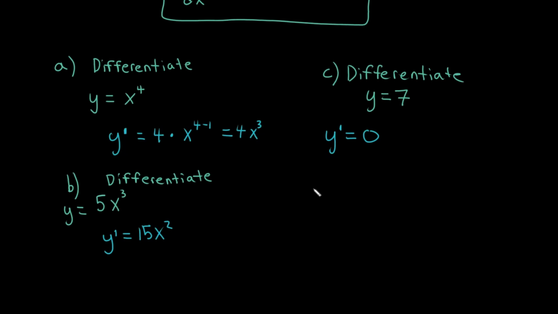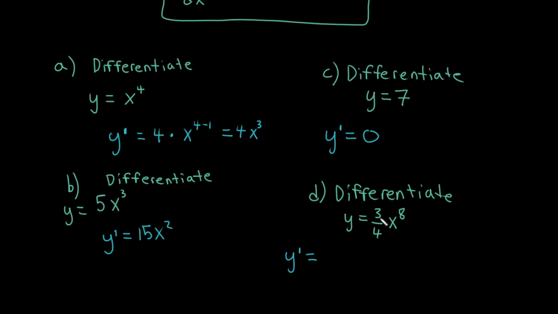Okay, let's do another example. So this time, let's differentiate y equals 3 over 4 x to the 8. So this is pretty similar to the ones we've done. So we do y prime equals, we take down the power, and we multiply it by the fraction.